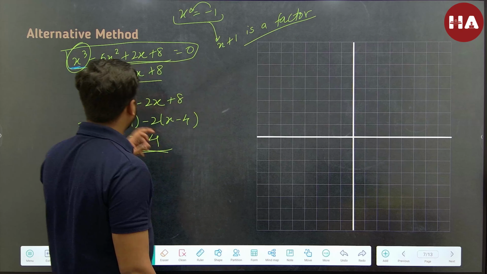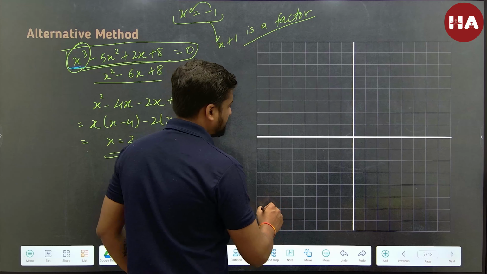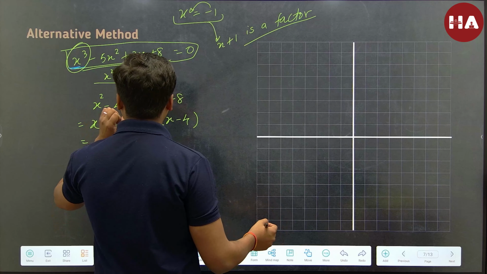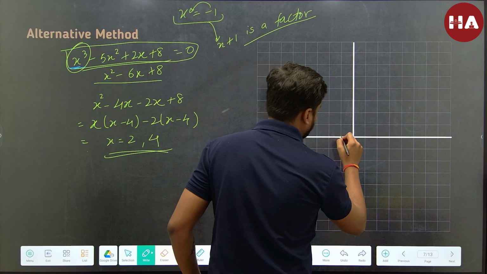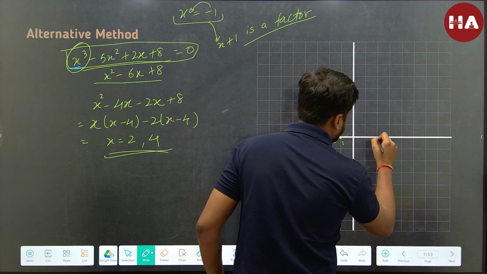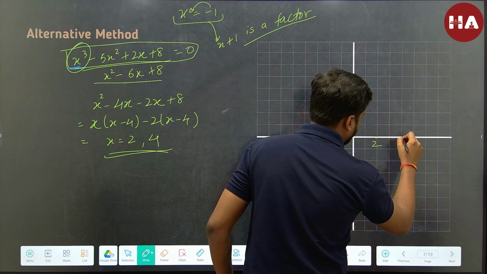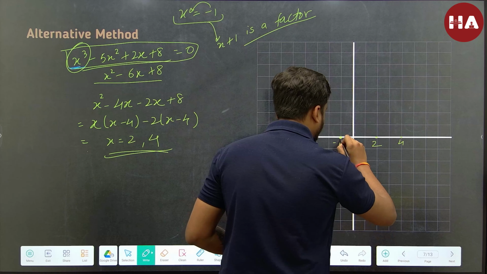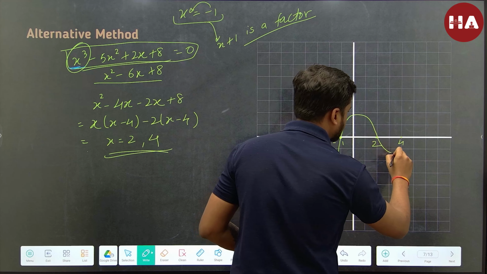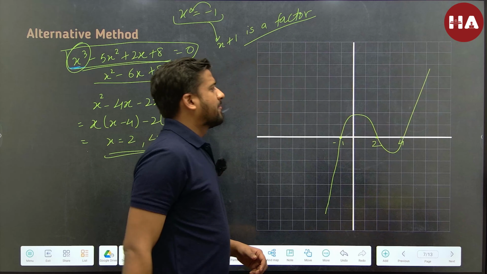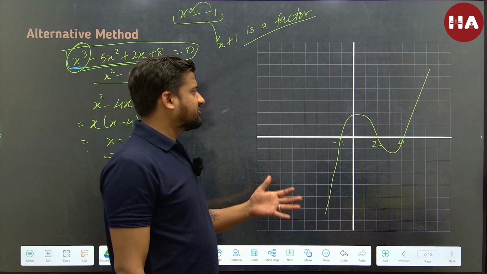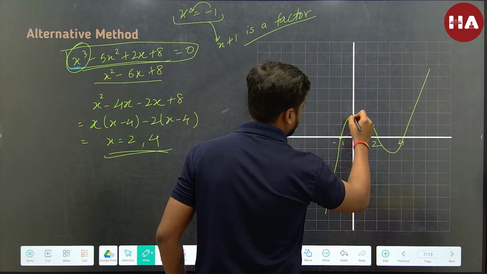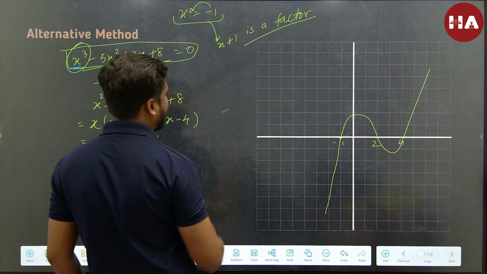All right, now since it is positive, the graph should be something like this, with the graph touching the x axis at -1, 2 and 4. I can say that the graph should be something like this, right? Now we can solve it further and find the value of this point, that is obviously going to be 8.